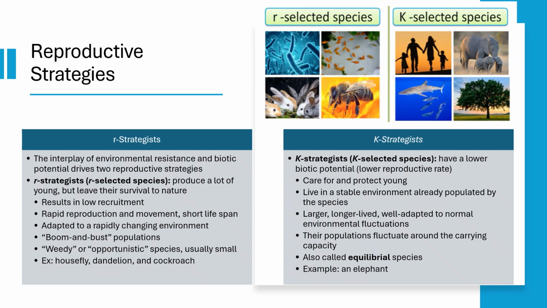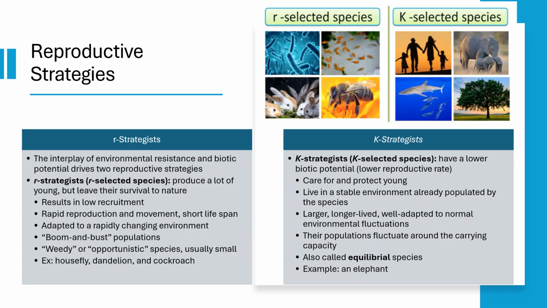You see the K-strategists in larger, long-lived, very well adapted species. Those species typically do not adapt as fast to a changing environment. Their populations are typically around the carrying capacity. We also call them the equilibrial species.